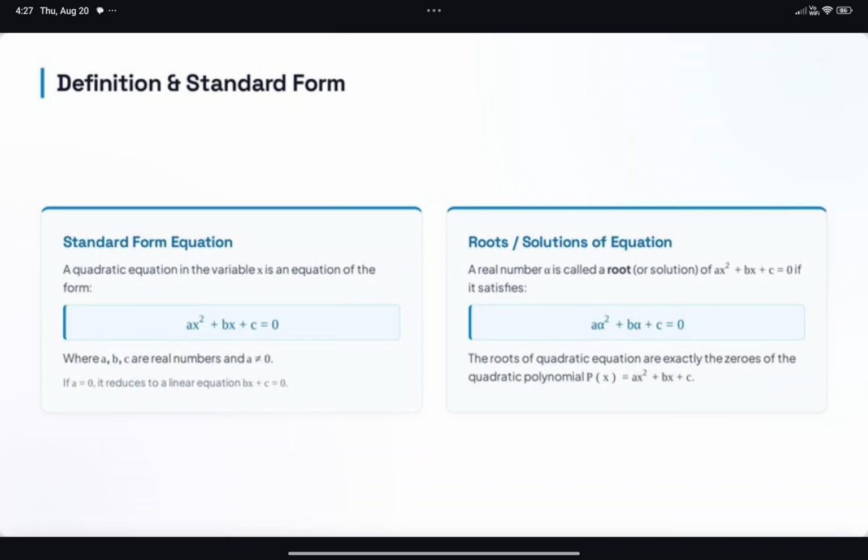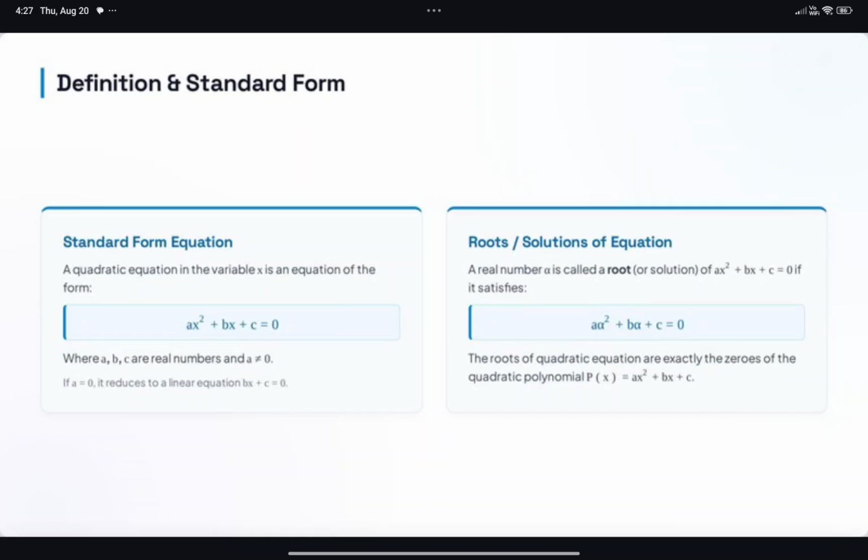Ax square plus bx plus c is equal to 0, where a, b, c are real numbers, and one more condition is there, a not equal to 0. Yes or no?